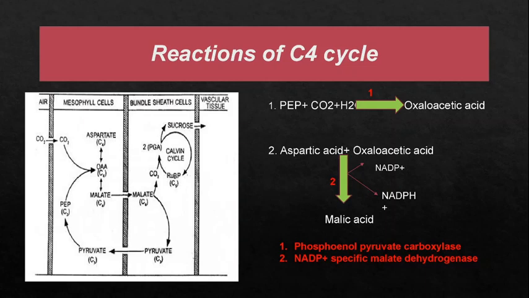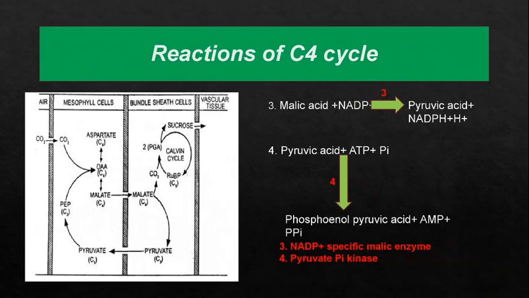Then the oxaloacetic acid immediately equilibrates with other C4 dicarboxylic acids, aspartic acid and malic acid. These reactions occur in the presence of transaminase and NADP plus specific malate dehydrogenase respectively. Then the malic acid gets transferred from the mesophyll chloroplast to the chloroplast of the bundle sheath cell, and there it gets decarboxylated to form CO2 and pyruvic acid in the presence of NADP plus malic enzyme.